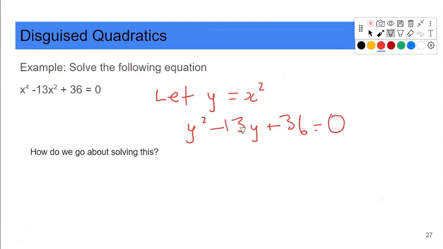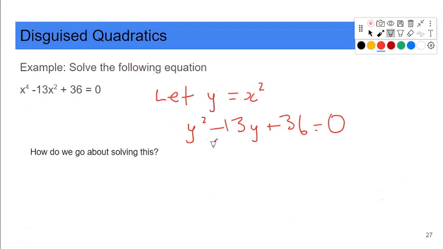All right, so we need two numbers. When they're added together, you get negative 13. And when they're multiplied, they get positive 36. Nine and 4.